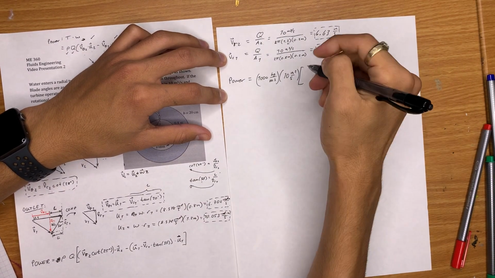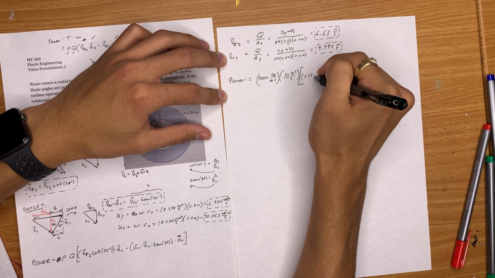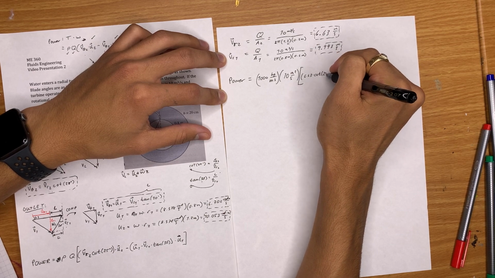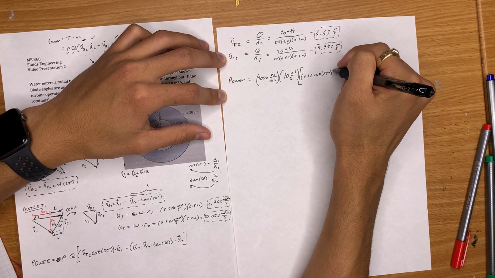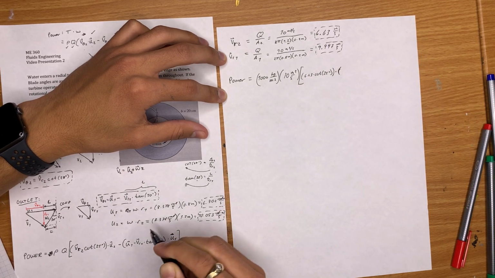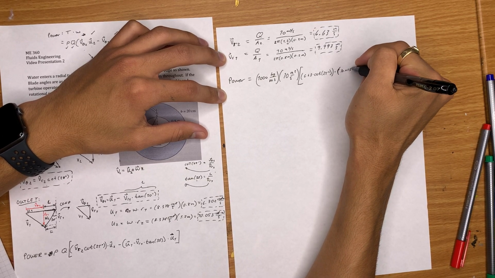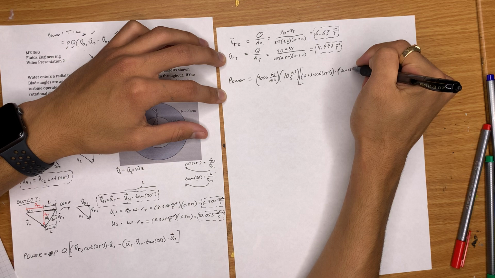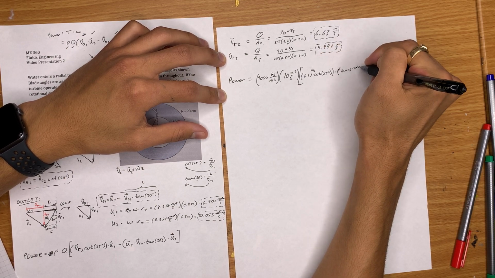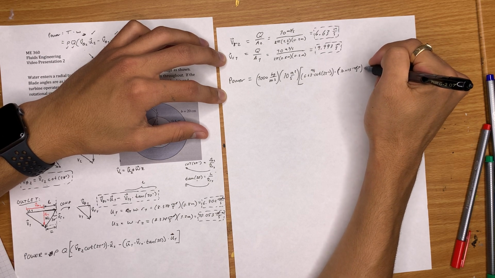Times VR2, which is 6.63, times cotangent of 25 degrees, times U2, which we already found, 10.053 radian meters per second. This is meters per second, and this is radians times meter per second. This is all minus.